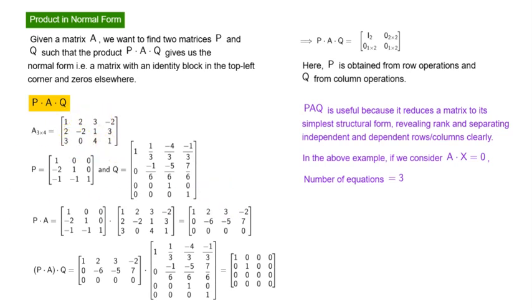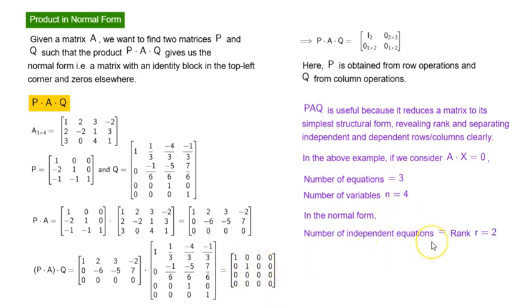We have the number of variables, let's say n, equal to 4. In the normal form, the number of independent equations equals the rank r, which is 2. Free variables, n minus r, is equal to 2. So free variables basically map to these two columns, all zeros. So out of 3 equations, 1 is redundant.